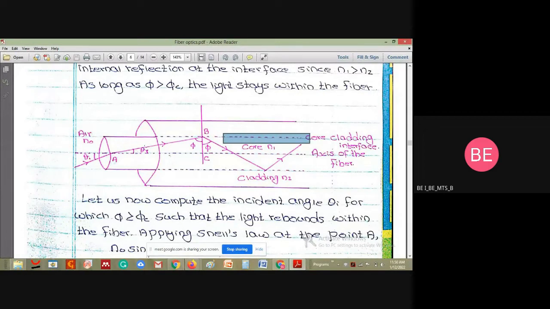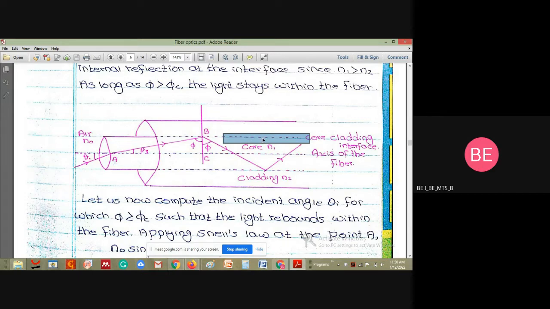Let this refracted light ray fall at the point B on the core-cladding interface, right? So for the point B, the angle of incidence is, again you need to remember which is the normal and which is the interface. This is your core, this is your cladding, and this represents your interface.